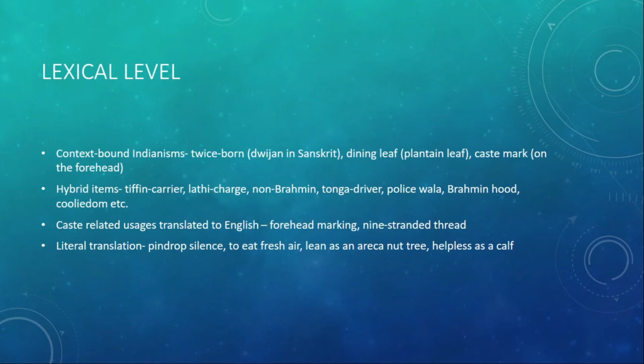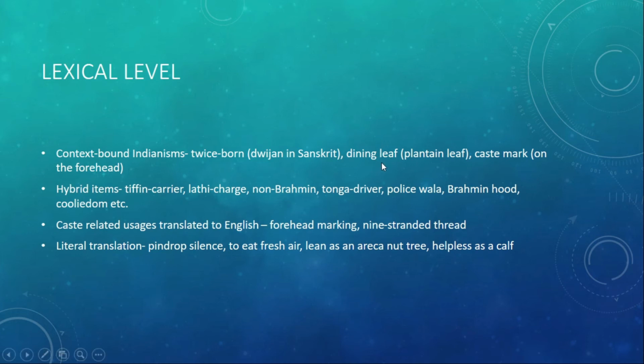Let us look at the lexical level differences between GIE and RP. In general Indian English, you can find certain context-bound Indianisms. That is, we have a tendency to translate into English some terms which we use in Indian languages. But it is often bound by context. For example, words like twice born, that is a translation of Dvija in Sanskrit, which is used to refer to a Brahmin.